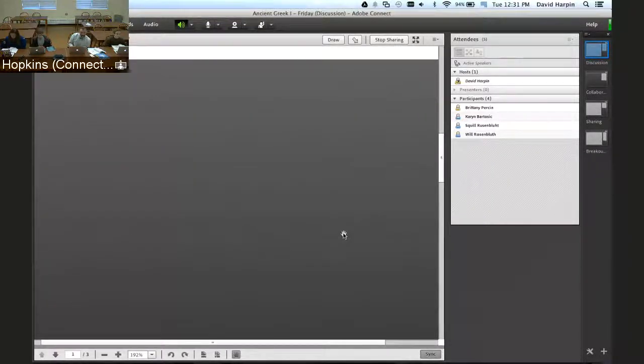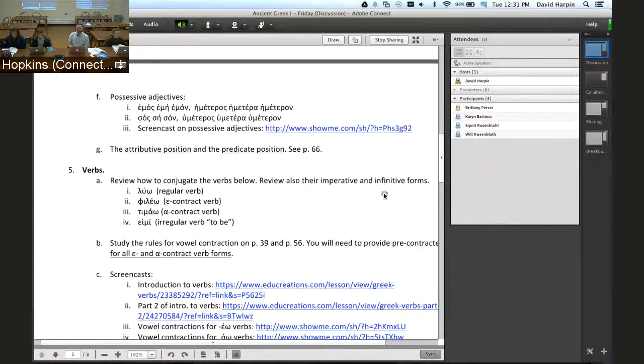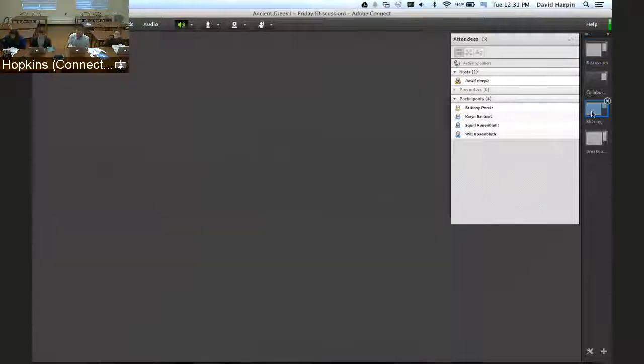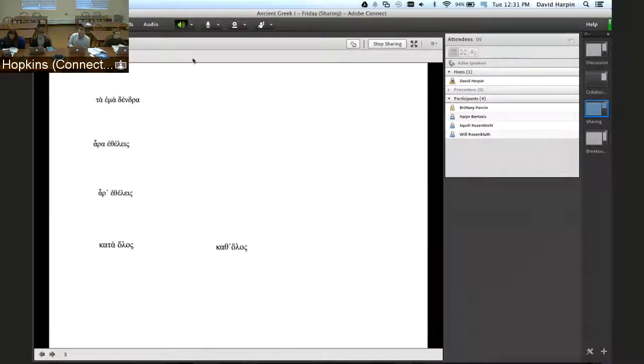Do you understand how to do the predicate position and what that can do to a sentence? What if you had this? I'll give you an example.